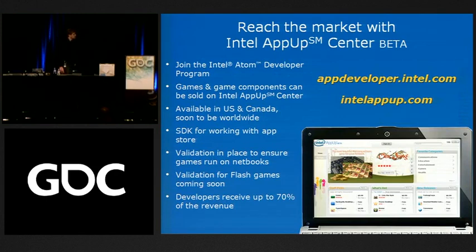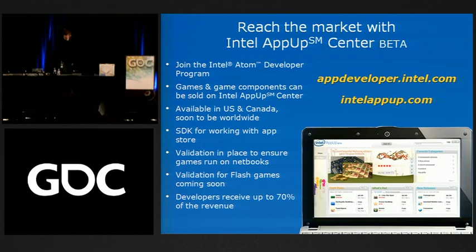So what are a few ways that Intel is trying to help you as a developer once you have a game or you develop a game? We have several things that you can do. There's the Atom Developer Program that you should join. You'll all have information on your seat about this, but the idea is that you join the program.